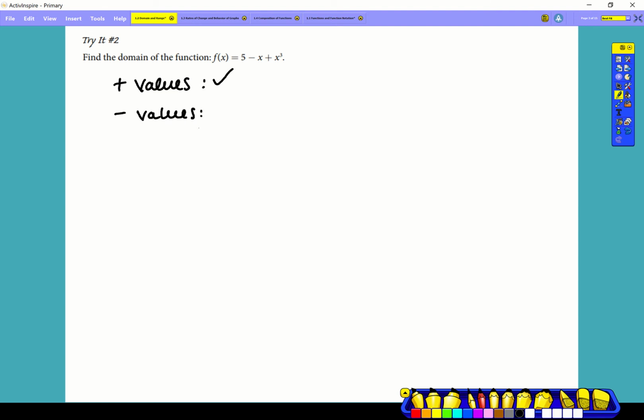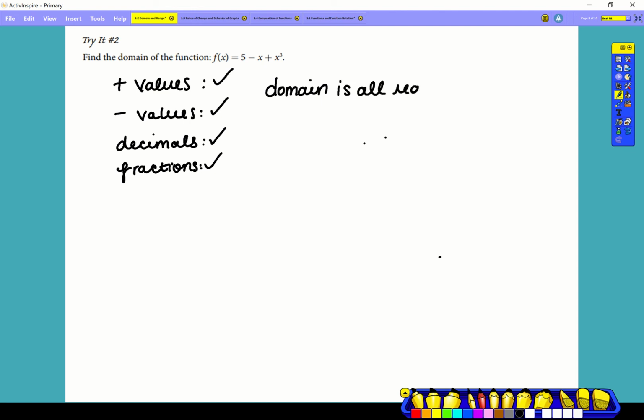Think about -3 cubed. That does give me a real number. Anything with decimals, can I cube anything with decimals? Yes, I can. What about fractions? Yes, I can. So it looks like the domain is all real numbers, because I can really put anything in there and I'll get a number.